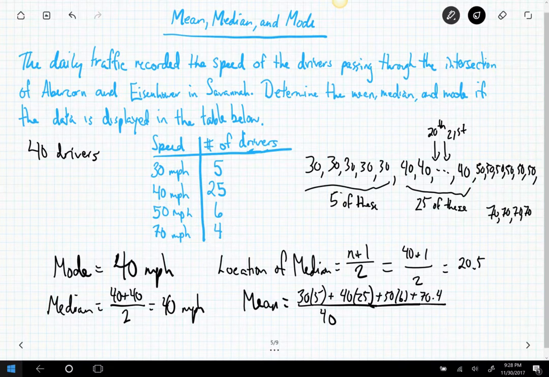Okay. Remember, when doing this, put your whole numerator in parentheses. So just be careful on that. That's actually the biggest mistake, to be honest with you. But I see problems like this. So 70 times 4. And so that's 150 plus 1,000 plus another 300 plus another 280.